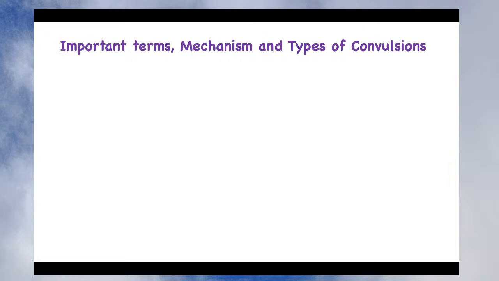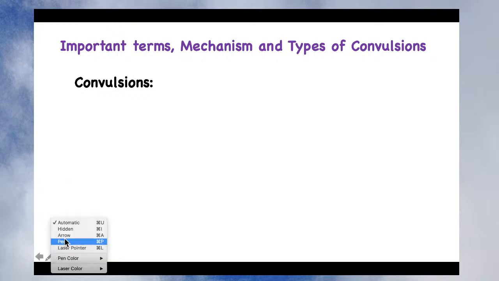Let's see the important terms, mechanism and type of convulsion before going into the detail about the principle and procedure of anticonvulsant activity. The first important term we must know is: what is convulsion? Convulsion is a sudden violent movement of the body that you cannot control.